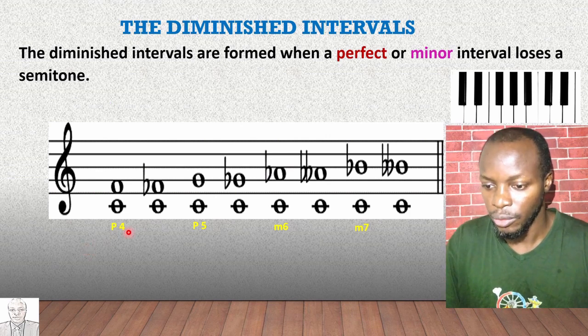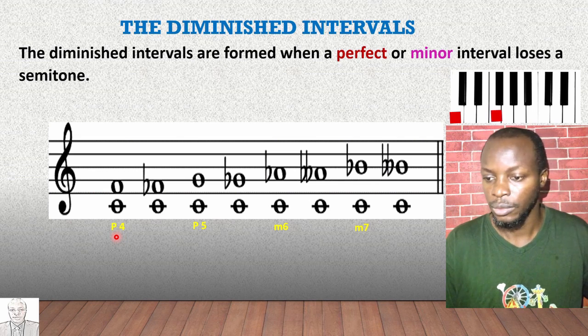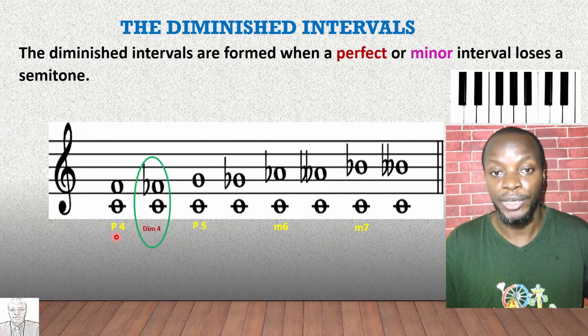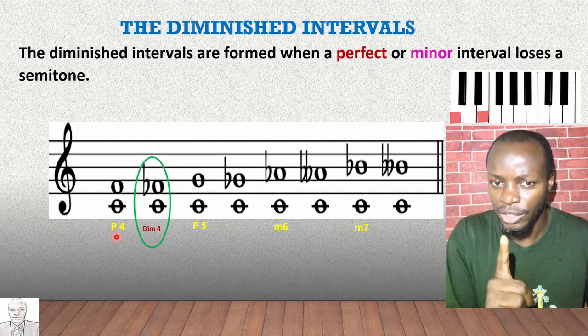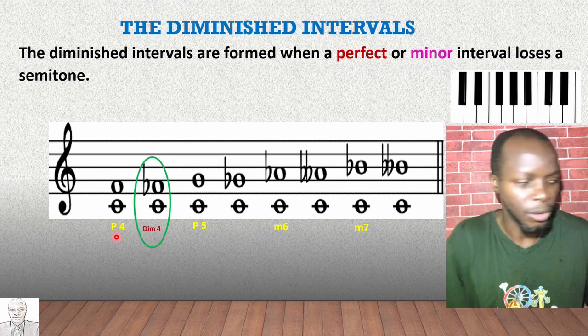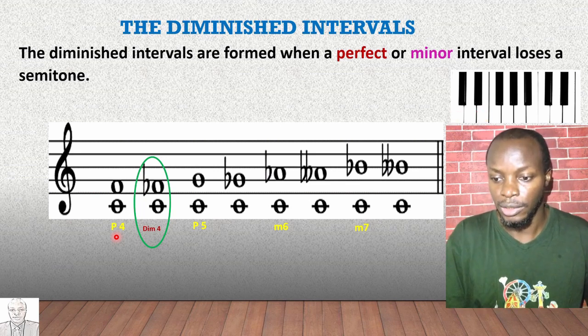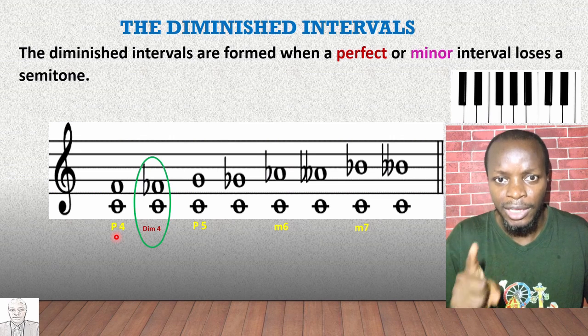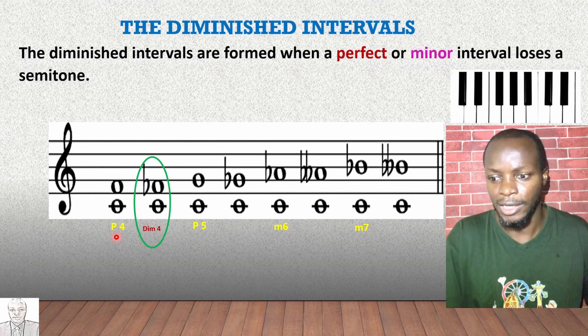So in the first one, we have a perfect fourth. And this is a diminished fourth. Right? Mind you, it's still a fourth. So you can't say this is a third. In this context, it is technically a fourth because it has to do with 4 notes. So it's a matter of using that accidental.